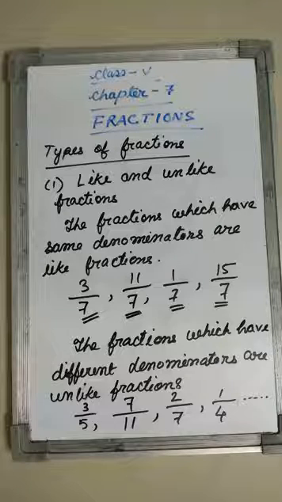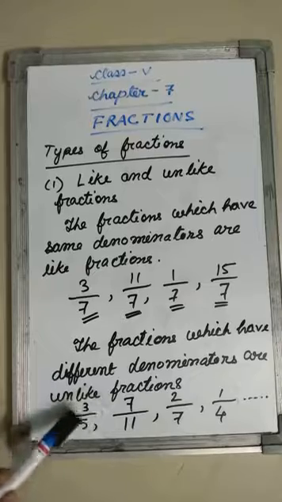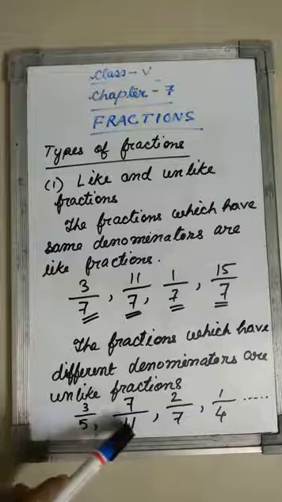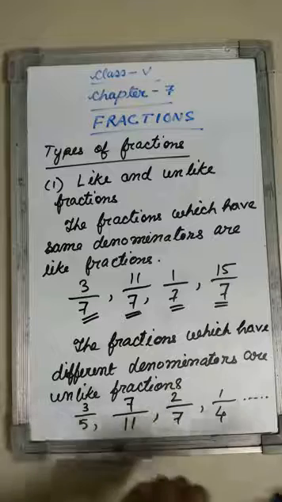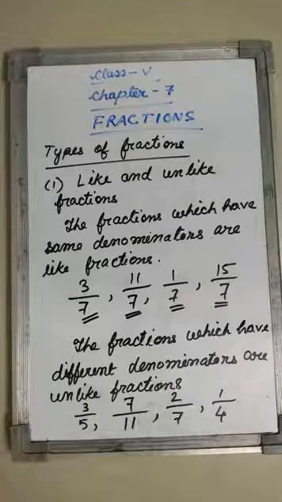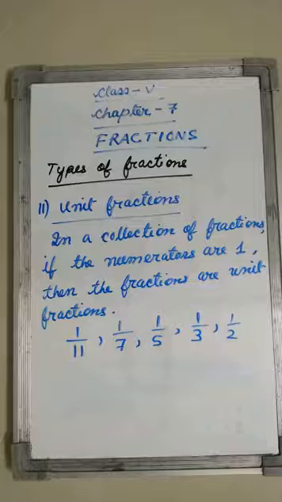The fractions which have different denominators are unlike fractions. Here we have denominators 5, 11, 7, 4, like that. So these 4 fractions are unlike fractions. Number 2, unit fractions.